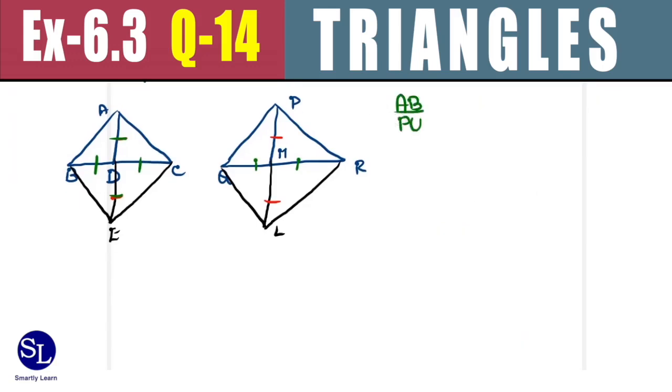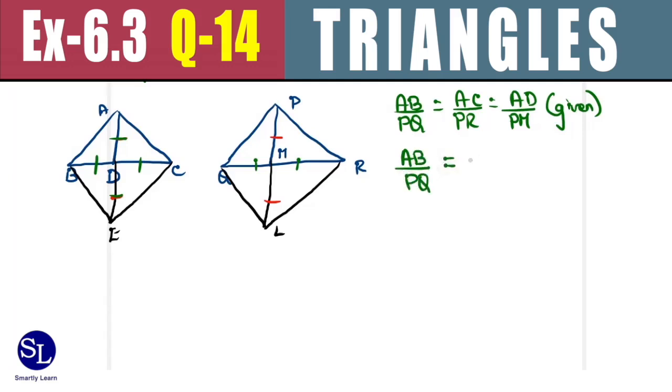AB by PQ is equal to AC by PR is equal to AD by PM was given to us. I'm going to write this, and from 1 and 2 that we have marked here, I'm going to reorganize this. So AB by PQ is equal to, replacing AC with BE and PR with QL, BE by QL is equal to AD by PM.